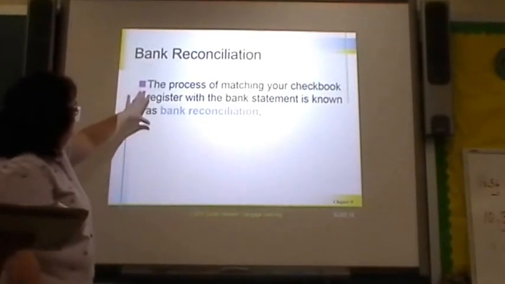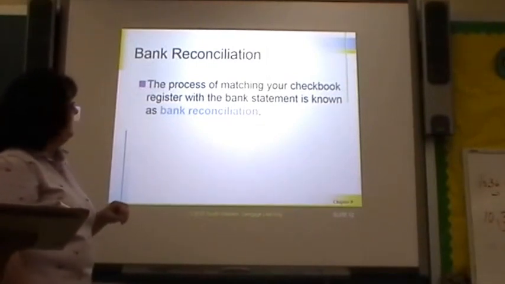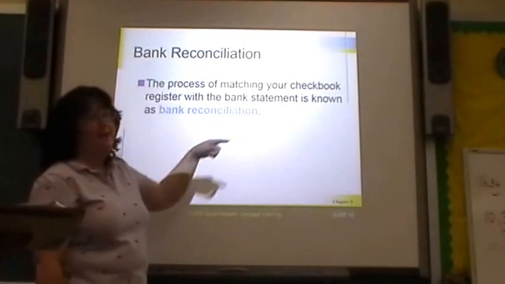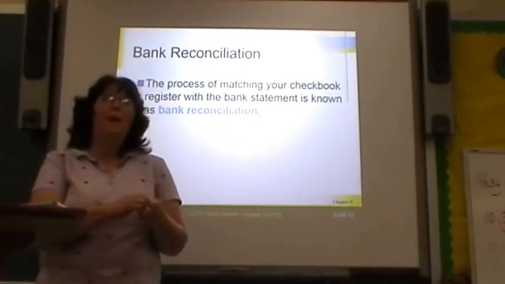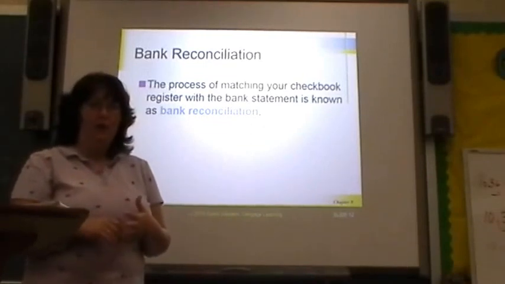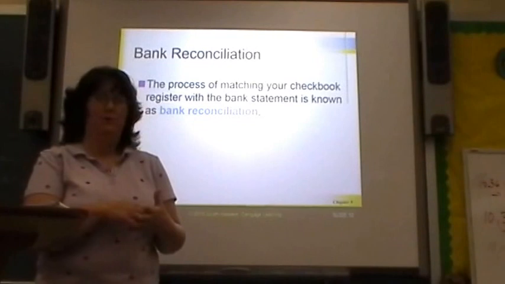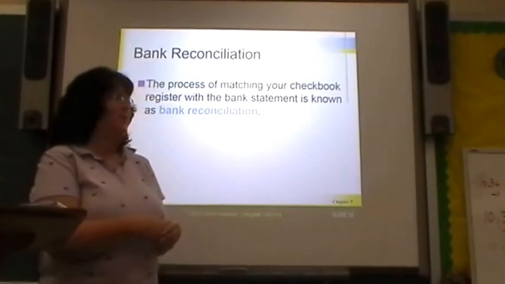All right. The process of matching your checkbook register with the bank statement is known as bank reconciliation. So suppose you made an error on that $36 check and you wrote in your check register $86, which is easy to spend $86 at the grocery store.